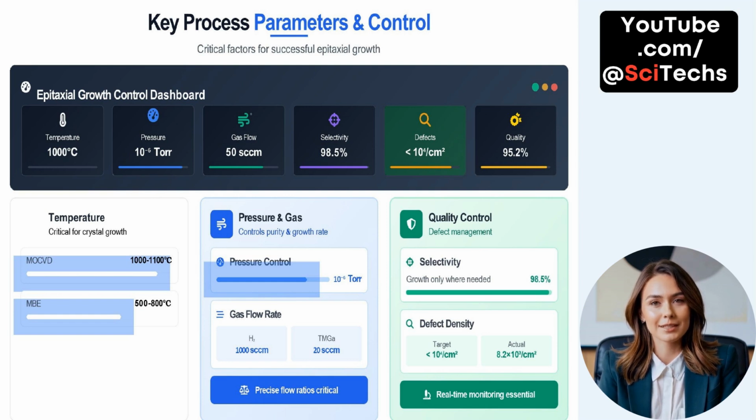Here, it's an excellent 98.5%. Finally, defect density must remain low. With a target of under 10^4 defects per square cm, this process achieved 8.2 × 10^3 per square cm. Real-time monitoring of these parameters is essential to maintain quality levels above 95%.